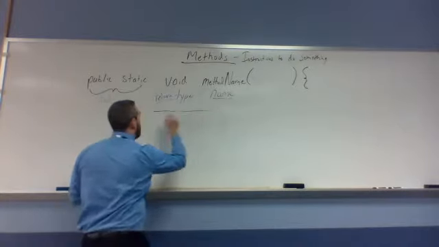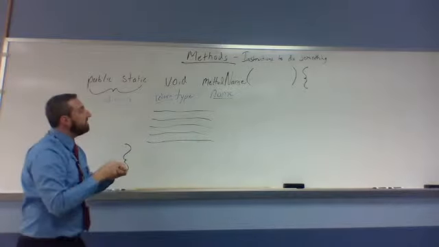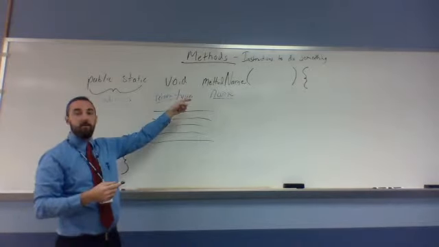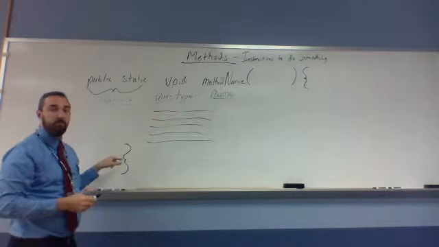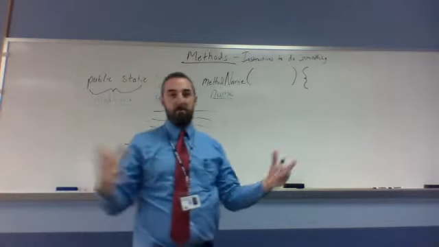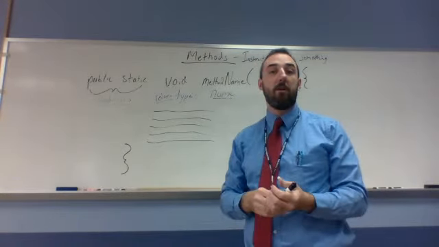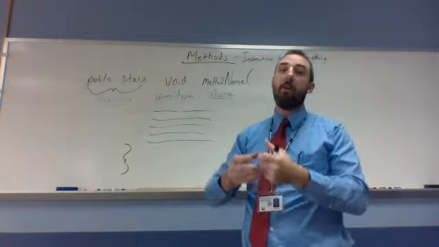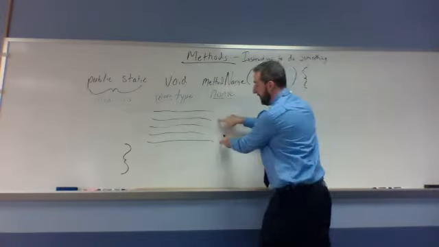So I can now go and list all the instructions that get done when I call this method. So this is called a code block, from curly brace to curly brace. And a code block is used to bundle a whole bunch of lines of code together, which is exactly what we want to do with the method. We're bundling a lot of lines together, giving it a name, and saying, when I write this, do this.